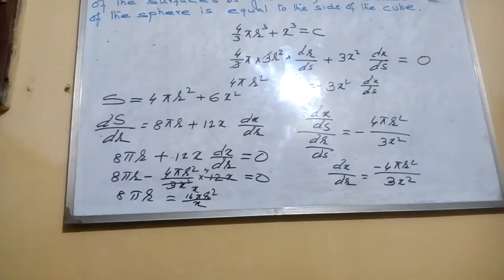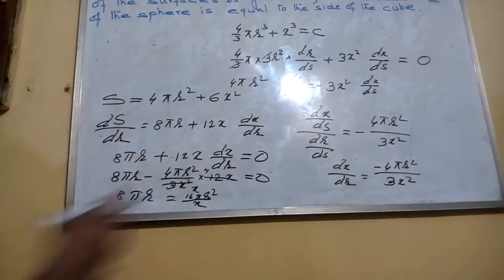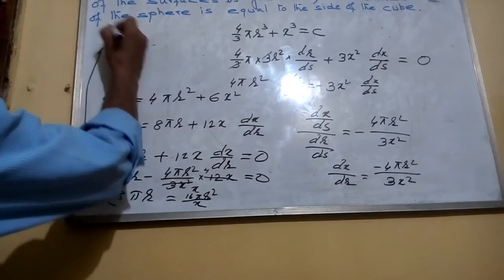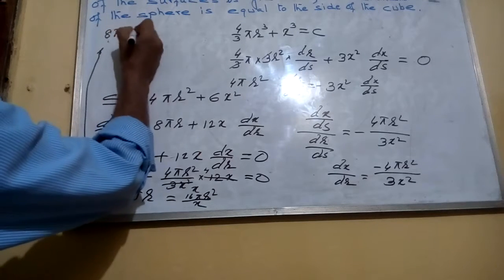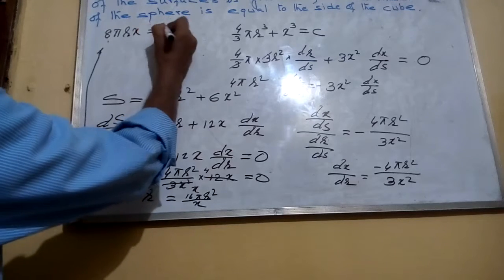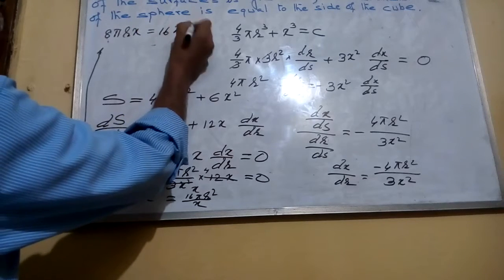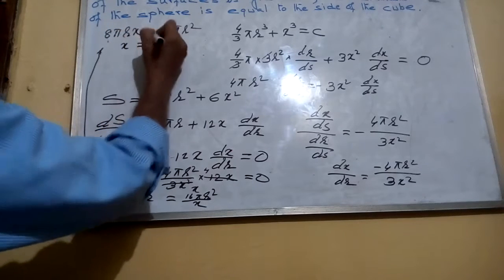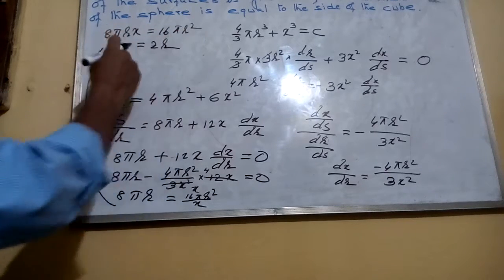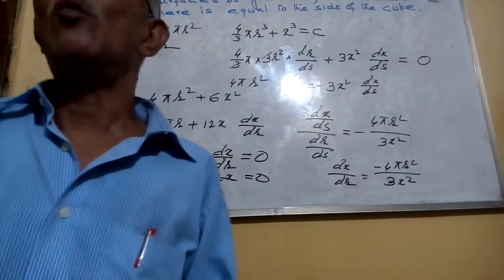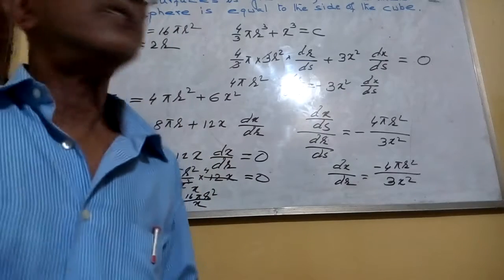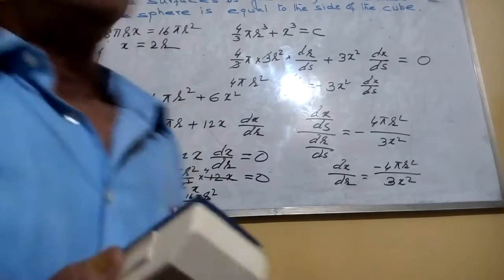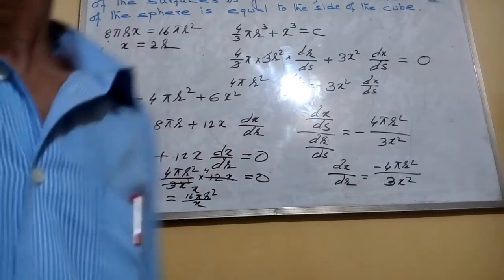From here, we can write 8πr x = 16πr². Cutting by 8πr, x = 2r. That is, the side of the cube equals twice the radius, that is the diameter. This we were supposed to do. I have shown you two ways. You can follow any of the ways. Thank you.